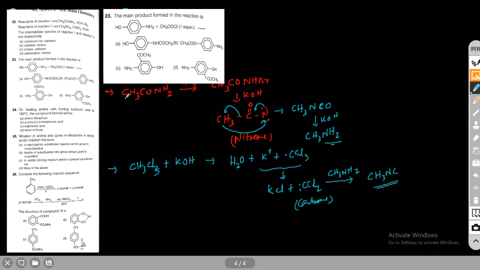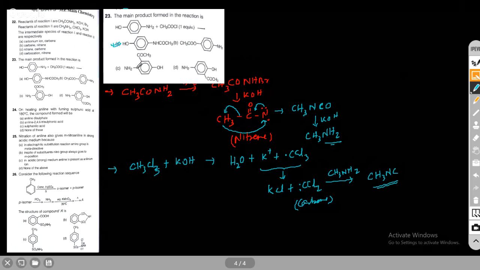So it's simply HCl will go out, right? What happens if you take two equivalents of CH3COCl? Simply one of the H from this nitrogen and this Cl forms HCl, and this COCH3 will attach with NH over here. So option A is correct.